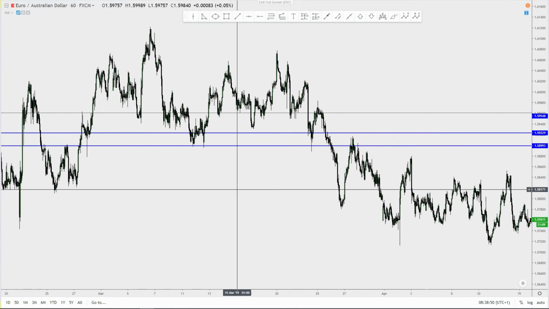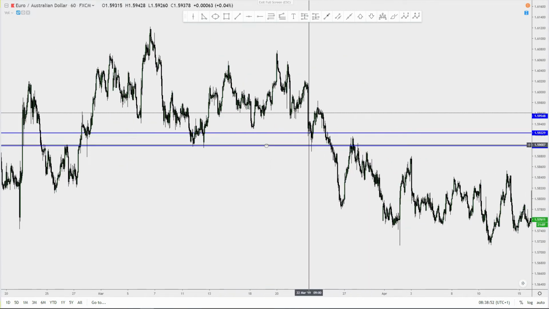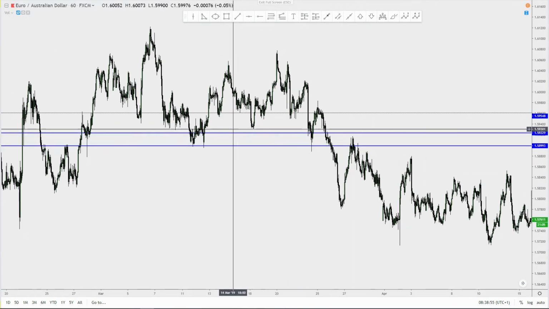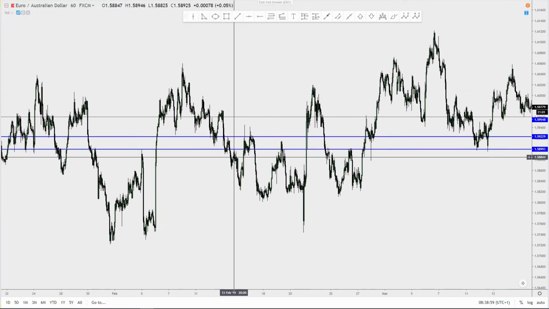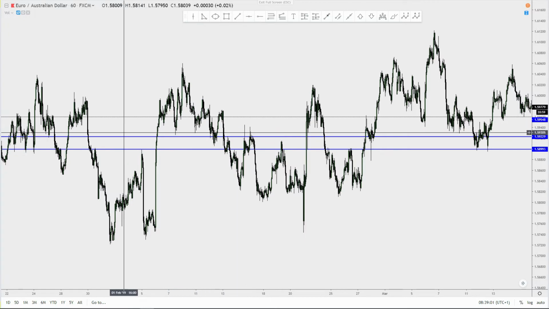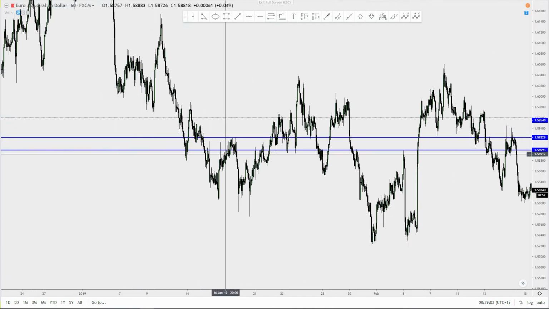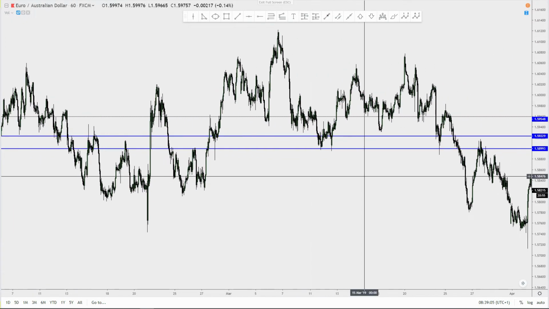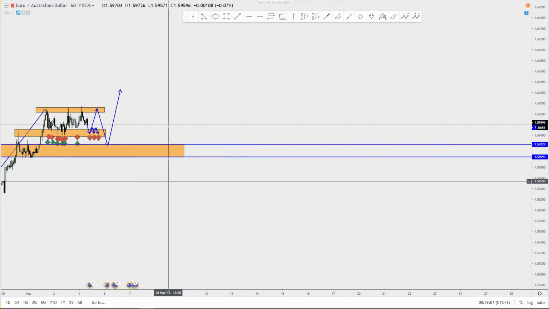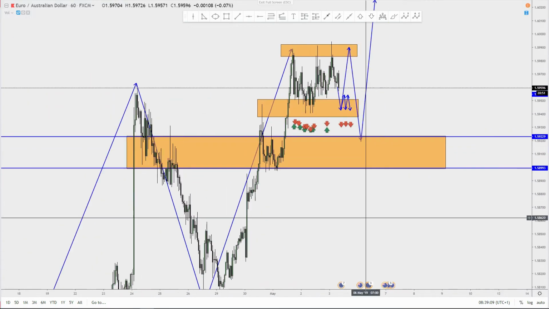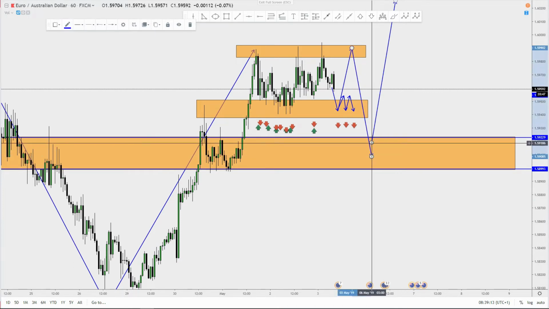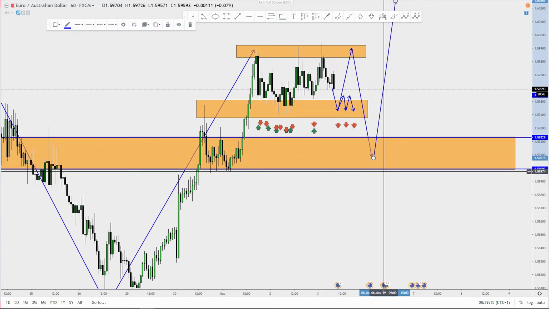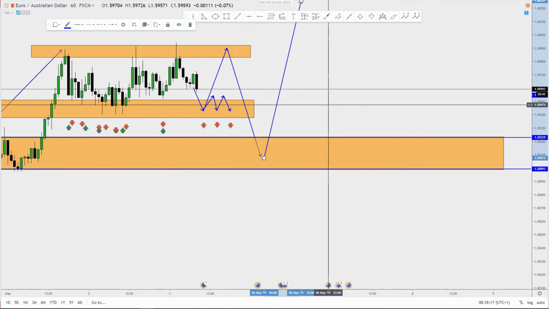Let's just track this across, and you can see here that it's captured a nice lot of tails, wicks, price action in general, reversals, support, resistance, nice little zone in here. So I would be looking for it to certainly drop down into this region. Then I'll be looking for a failure and a reversal.